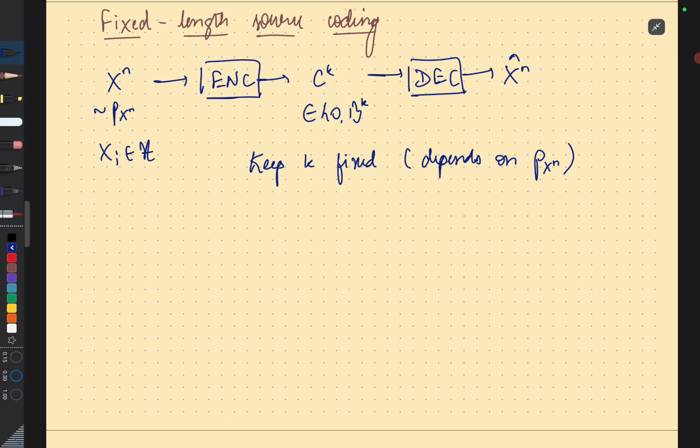All right. And we'll define the rate r to be equal to k by n. And we want the probability of error p sub e, which is the probability that xn hat is not equal to xn, to be some little o of 1, which means that this goes to 0 as n tends to infinity.